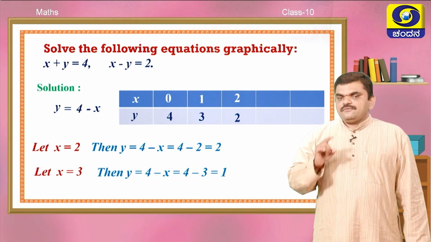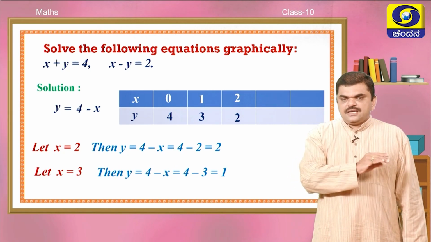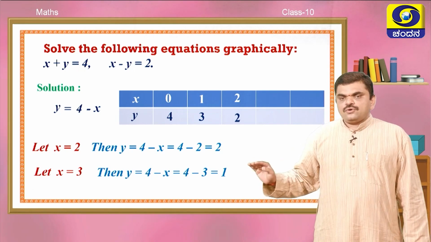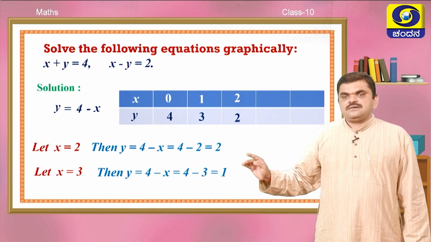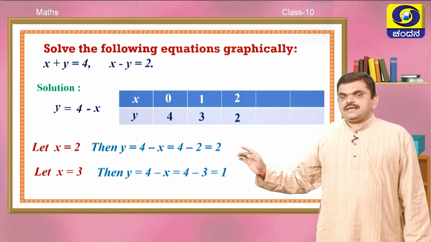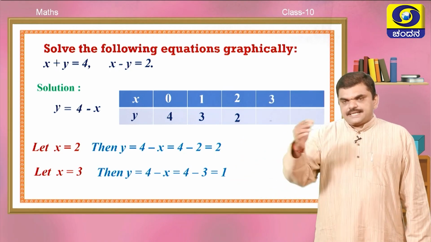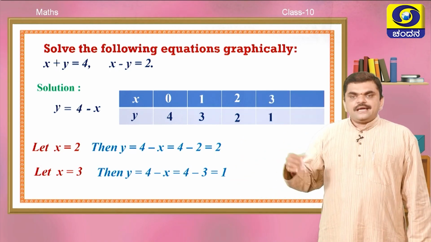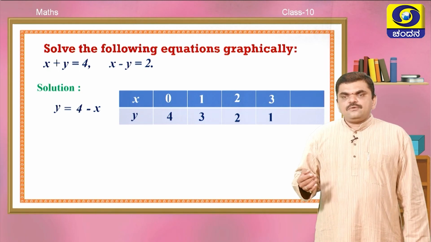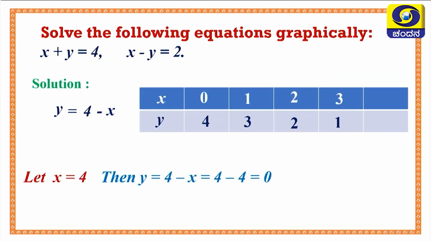Now when we put the value of x as 3, y = 4 - x, that is 4 - 3, that is equal to 1. Let us write down that one also. And again we give the value of x as 4, then y = 4 - x, that is 4 - 4, that is equal to 0. When x becomes 4, y becomes 0.